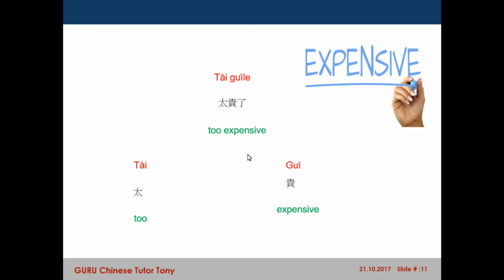But I'm not so sure. Do you like to negotiate for the price? I'm not that kind of person, but just learn this: 太贵了, too expensive.